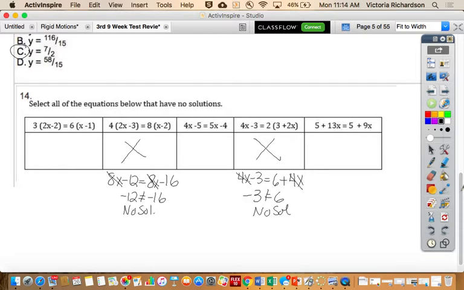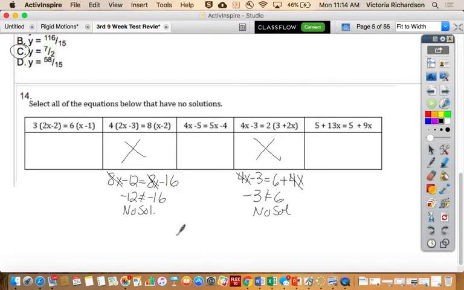So 14 says, select all of the equations below that have no solutions. So that's another one of those where you have to work out every single one to figure out which one is no solution. But the second one, if you work it out, you have to distribute first. 4 times 2x is 8x. 4 times -3 is -12 equals 8 times x, which is 8x, and 8 times -2 is -16.